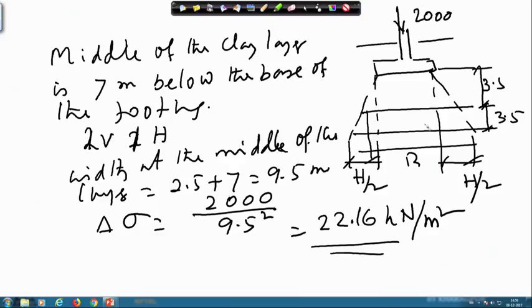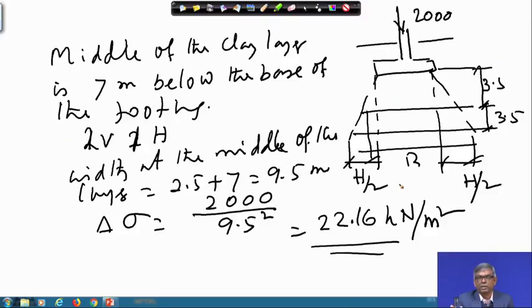In fact, to find out delta sigma, I have done the trapezoidal way quickly, but we have discussed other methods also, the Boussinesq corner formula, those things if you wish can be applied, but that will take unnecessarily long time. When you do it in the office for design purpose, it can be used, but when solving a problem in the classroom or in the exam hall, if it is not mentioned, it is always better to use this trapezoidal dispersion method, 2 vertical 1 horizontal.